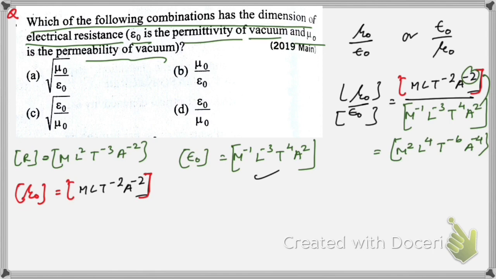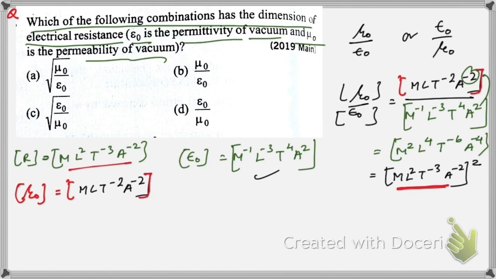Now you can see clearly, if you write it this way, that it is M L square T to the power minus 3 A to the power minus 2, whole square, right? Then you can see clearly this is the dimensional formula of resistance.